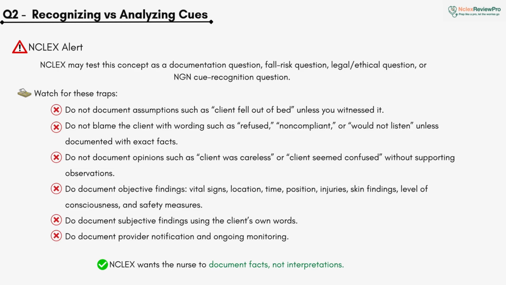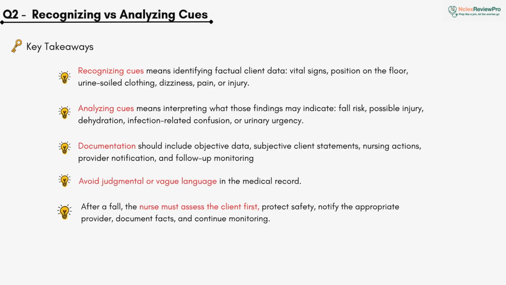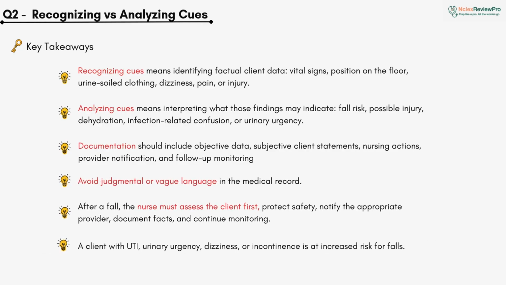NCLEX wants the nurse to document facts, not interpretations. The key takeaway is this: accurate documentation is objective, specific, and neutral. In a post-fall situation, the nurse documents what was seen, measured, heard, and done. Good documentation protects the client, supports continuity of care, and shows the nurse's clinical judgment.